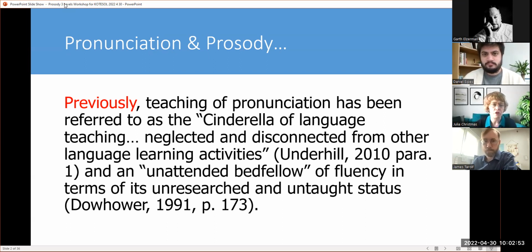There's so much research, and it's a very, very robust field right now. There's so much research going on about it that I think it becomes overwhelming for teachers who have not begun to focus on prosody in their classroom. And I really wanted to put it into a digestible format, and so I'm trying to do that today.